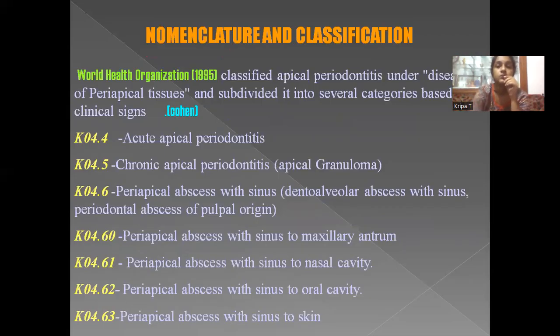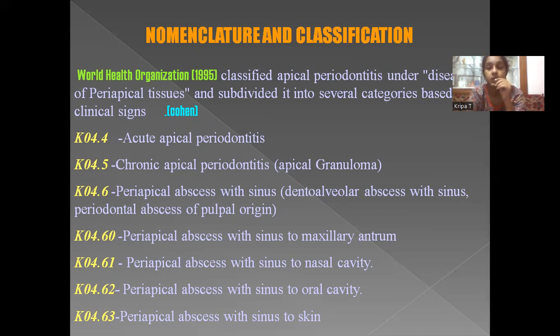Now WHO has classified apical periodontitis into subcategories: acute apical periodontitis, chronic apical periodontitis, and periapical abscess with sinus, which is subdivided based on where the sinus is communicating.